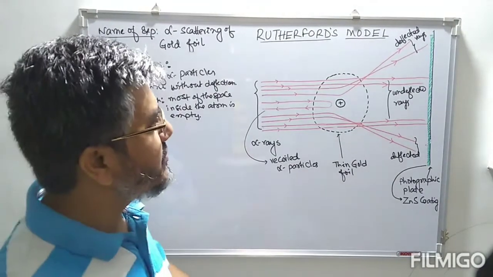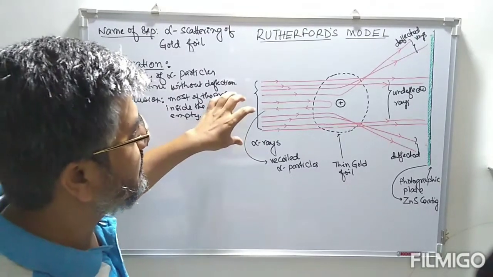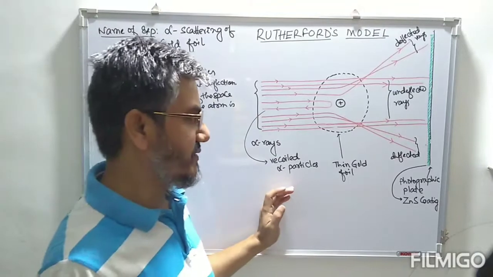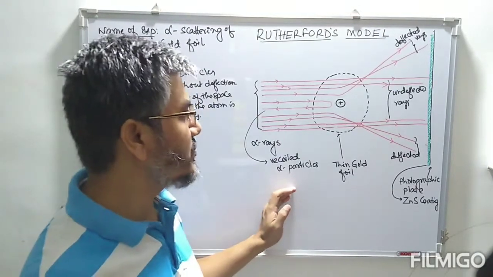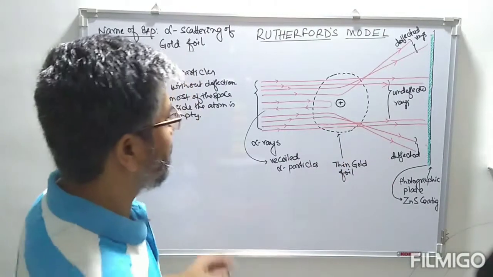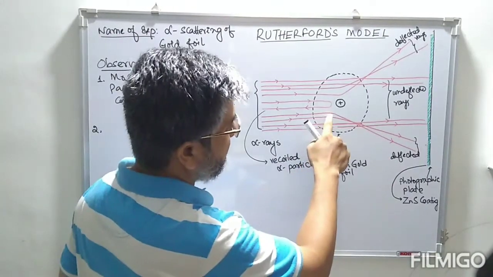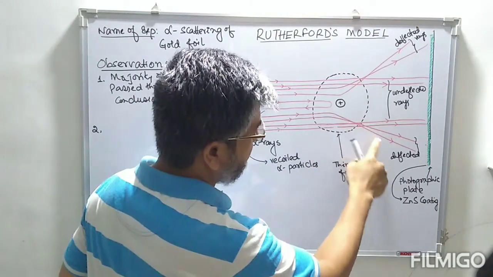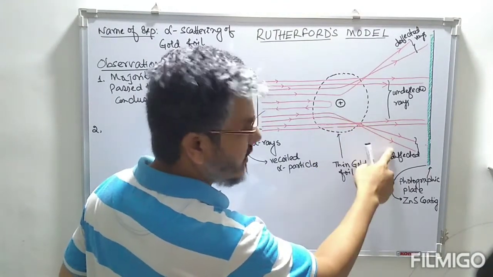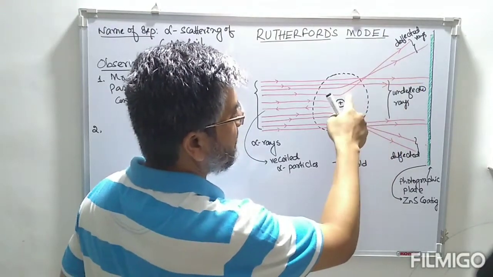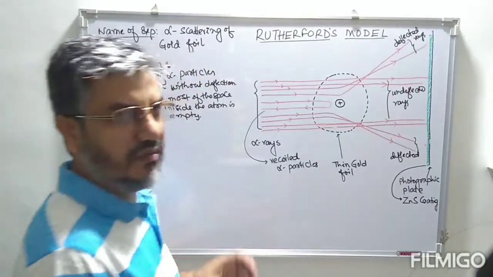The second observation from this experiment is that some of the alpha particles undergo deflection from the normal path by a certain angle theta. Look at this. These alpha particles are deflected from their normal path by some angle theta. These are the alpha particles undergoing deflection from the normal path.